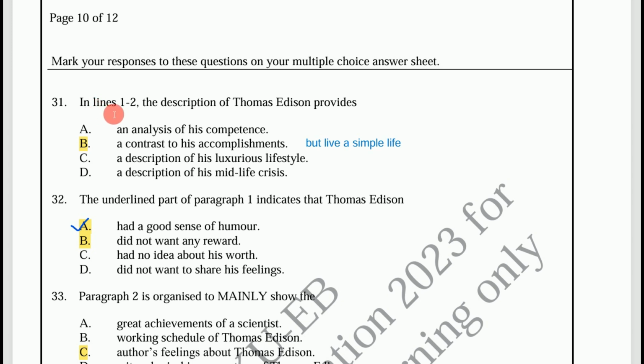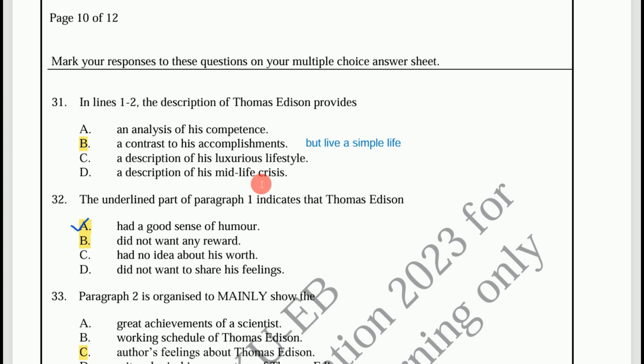In line 1 to 2, the description of Thomas Edison. We read the description in line 1 to 2, and what does it provide? An analysis of his competence? No, nothing like that mentioned. A description of his luxurious life? No, nothing like that mentioned there. Description of his midlife crisis?